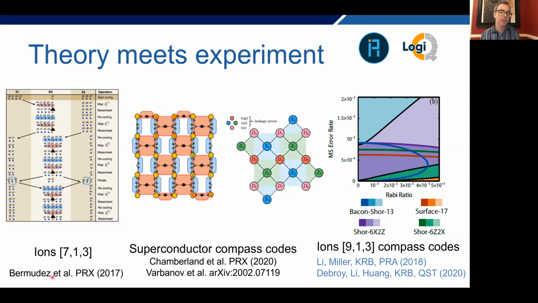And so in this paper from Markus Müller and others, they really go into the details of how to do the Steane code on a trapped-ion system. In this paper from Chamberlain and coworkers at IBM, they look at these heavy hexagonal codes, which are actually an example of compass codes.